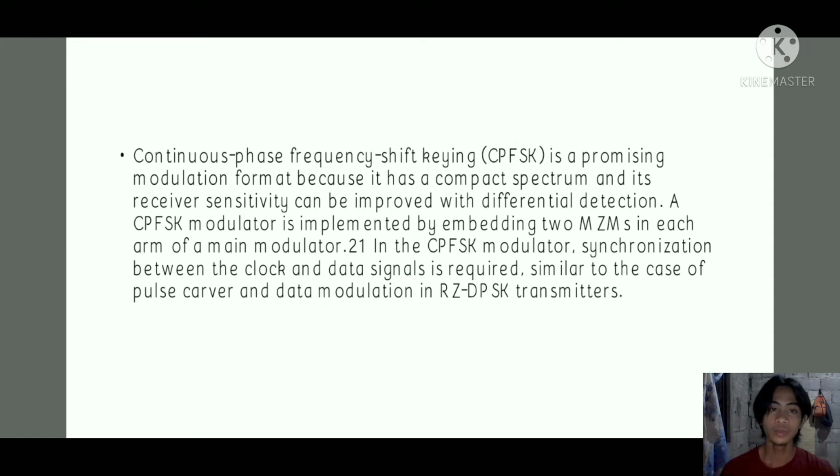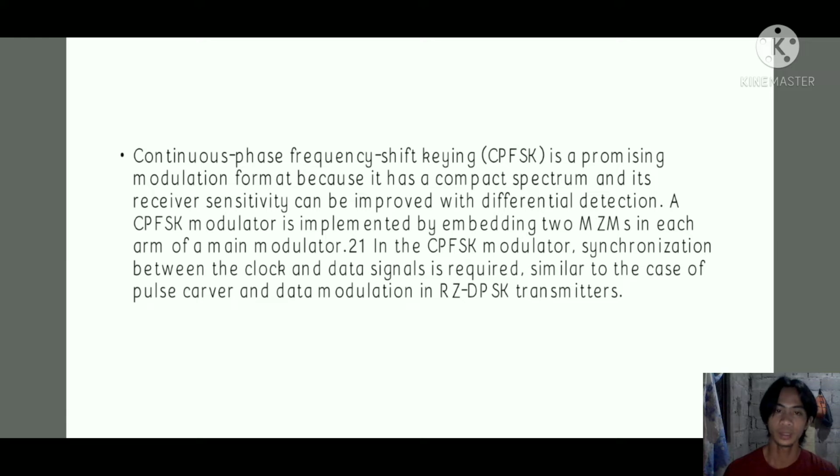Continuous phase frequency shift keying, or CPFSK, is a promising modulation format because it has a compact spectrum and its receiver sensitivity can be improved with differential detection. A CPFSK modulator is implemented by embedding two MZMs in each arm of a main modulator.